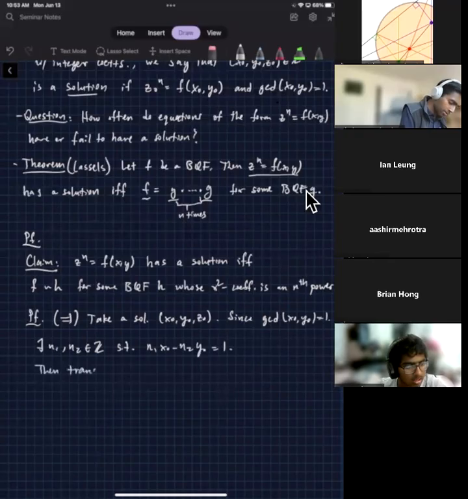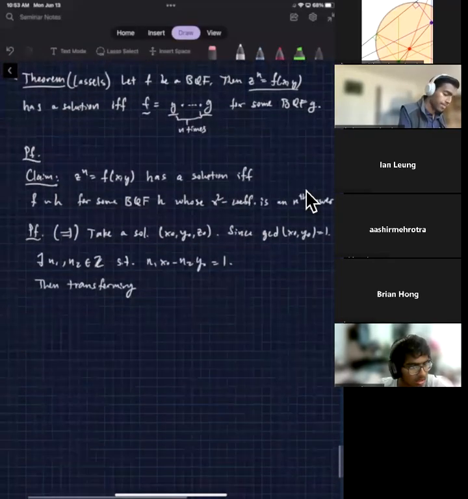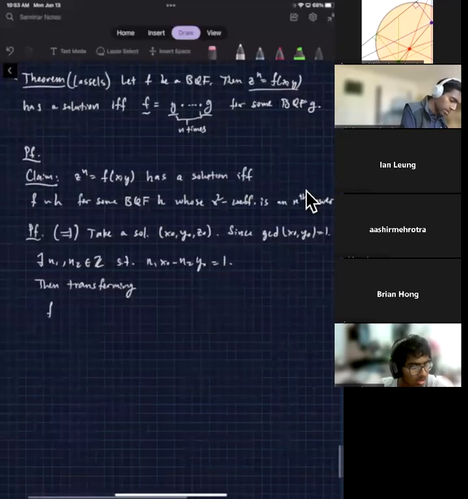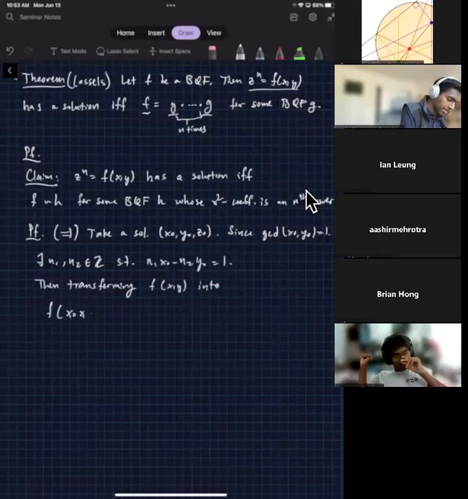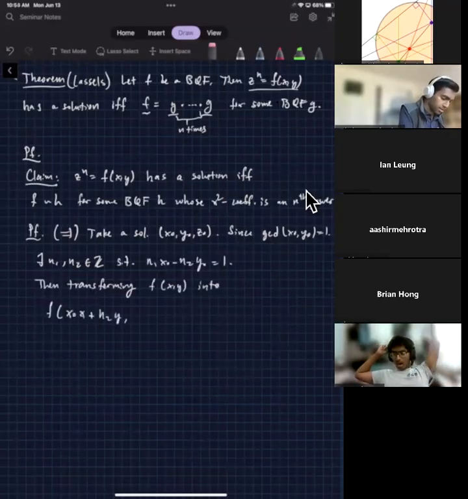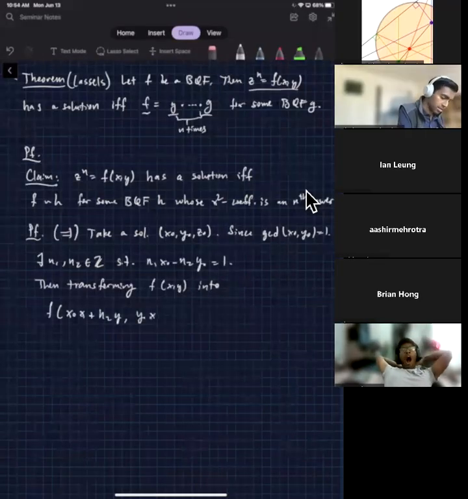Then we transform f of x, y into the following BQF, f of x naught x plus n2 y, comma, y naught x plus n1 y.